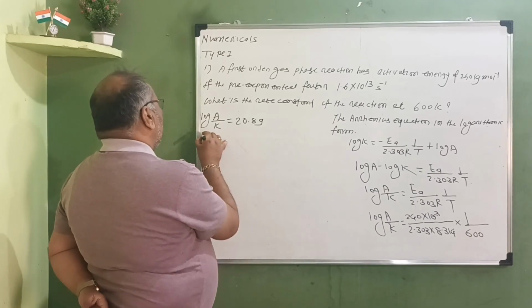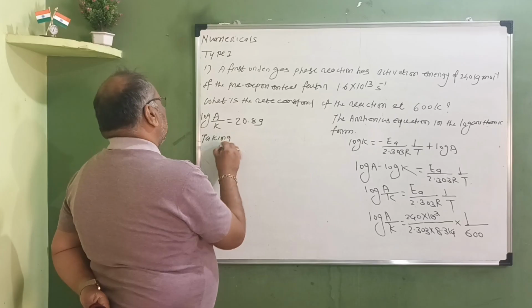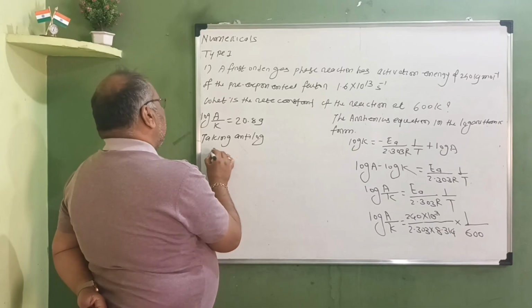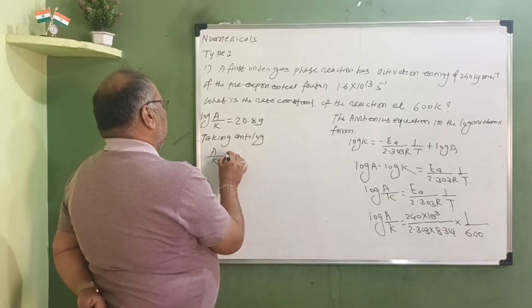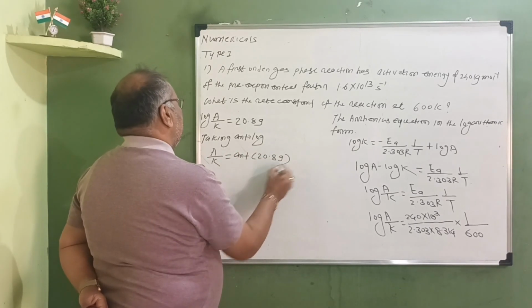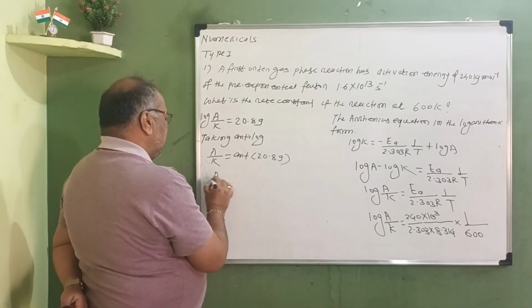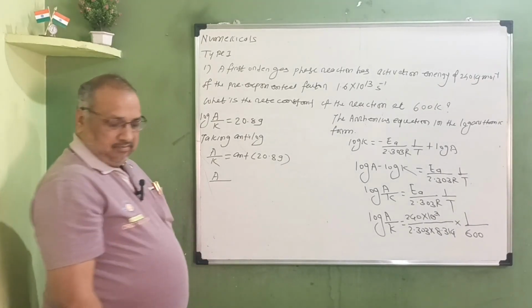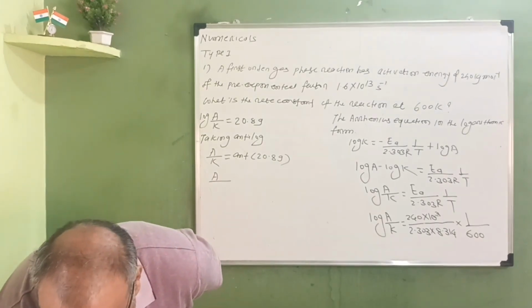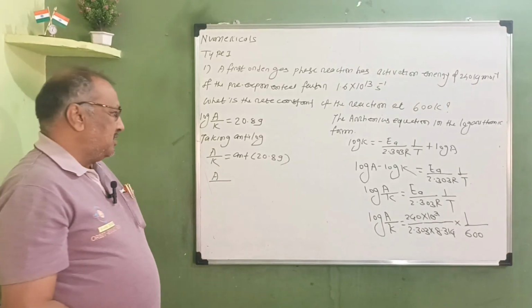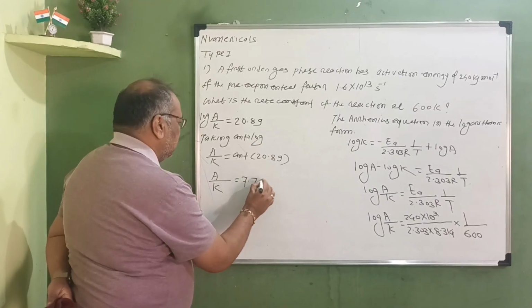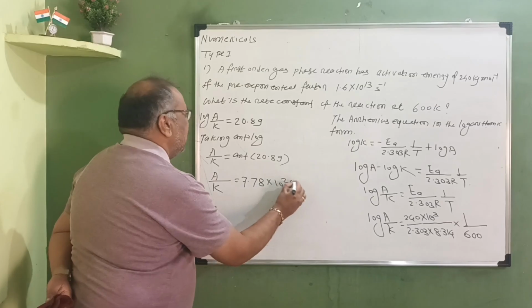Now taking antilog of both sides, here A by K equal to antilog of 20.89. That means here A by K equal to 7.78 into 10 to the power 20.